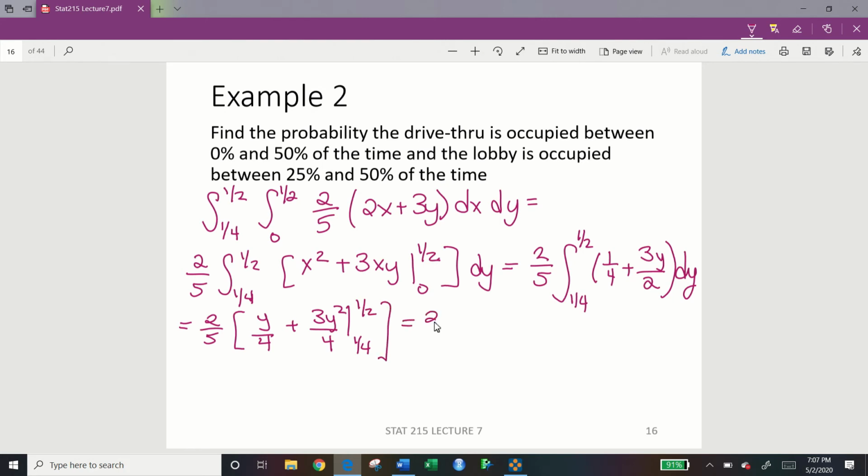This is going to be equal to 2/5 multiplied by 1/8 plus 3/16 minus 1/16 minus 3/64.